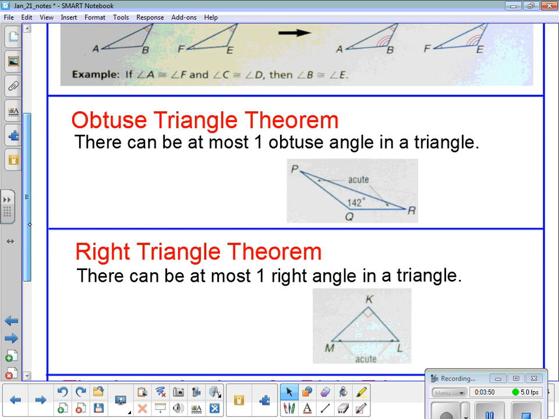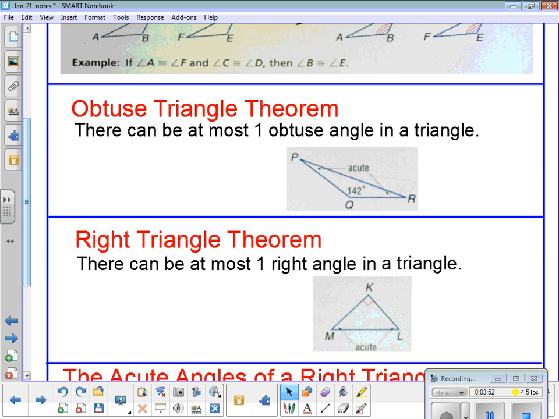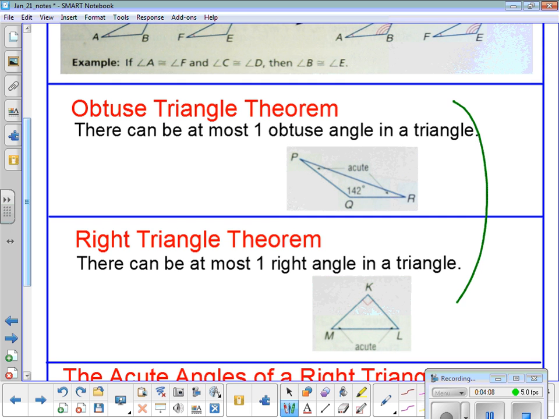And then I have what I call the right triangle theorem, and there can be at most one right angle in a triangle. Same reason as with the obtuse. Once I have 90 degrees, I can't have another one in there. And there is another corollary that's a combination of these two, and it says or: you can have at most one obtuse or one right angle in a triangle. And I think that's the way your book calls it.